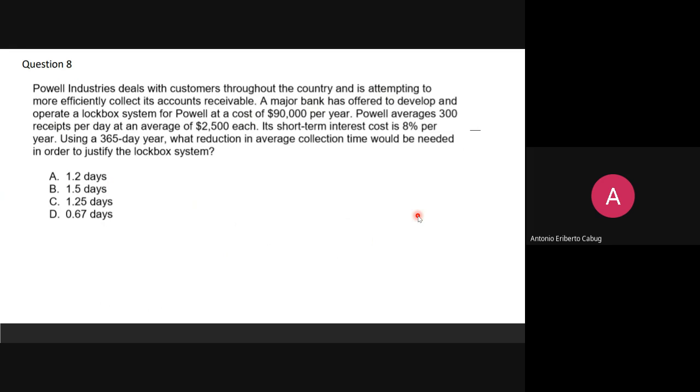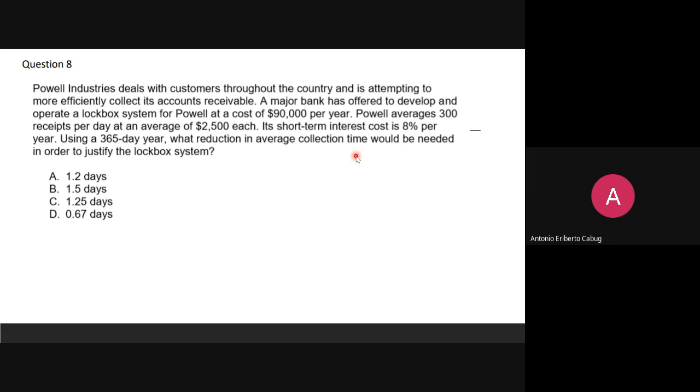Okay? What about this one? The question is, what reduction in average collection time would be needed in order to justify the lockbox system? Powell Industries deals with customers throughout the country and is attempting to more efficiently collect its accounts receivable.